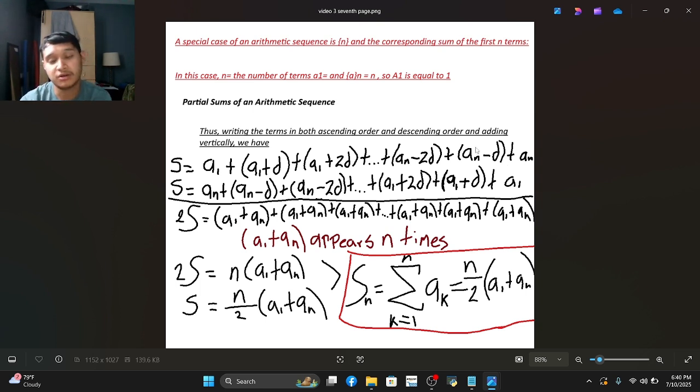So whatever term is the last term, this is the formula. But we cannot stop there, because now we have to do the same thing over again, but with the minus d to find a sub n minus 1.